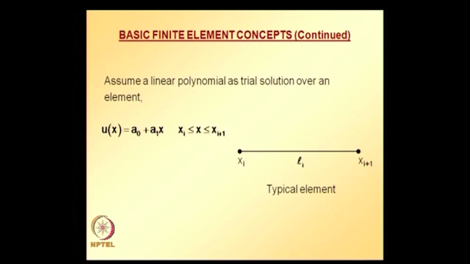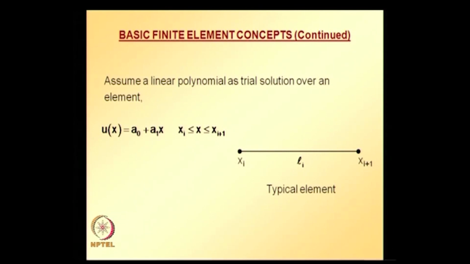One of the basic concepts in finite element formulation is that the trial solution is expressed in terms of unknown solution at the nodes. So, we are going to replace a naught and a1 with the unknown solution at the nodes. These unknown nodal values act as parameters to be determined by various techniques that you already know, that is variational or weighted residual methods.